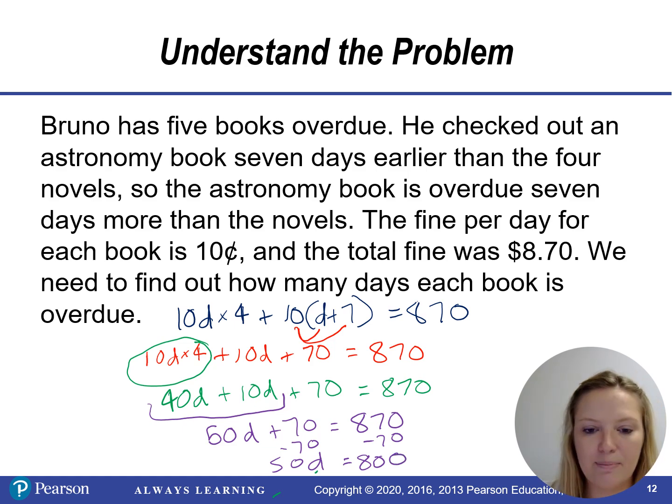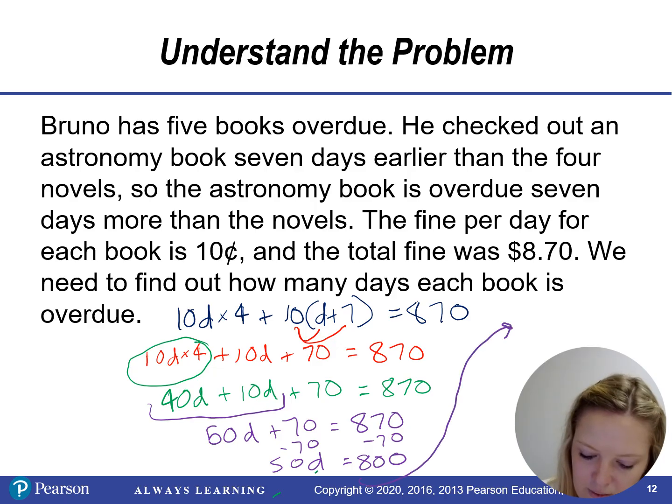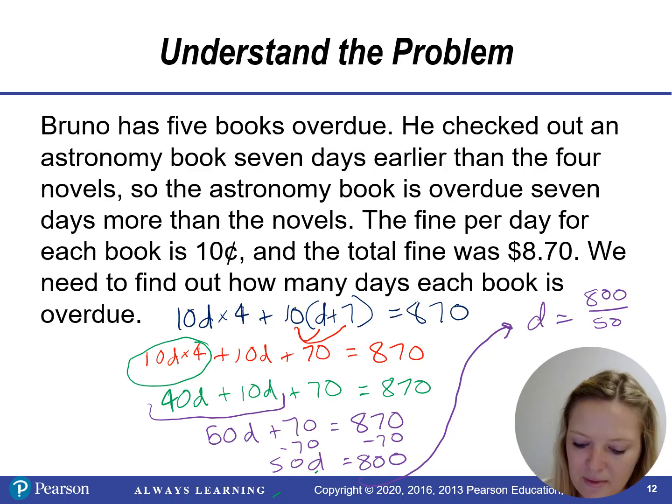And then divide both sides by 50. So that's going to leave me with D equals 800 divided by 50. 800 divided by 50 is 16.